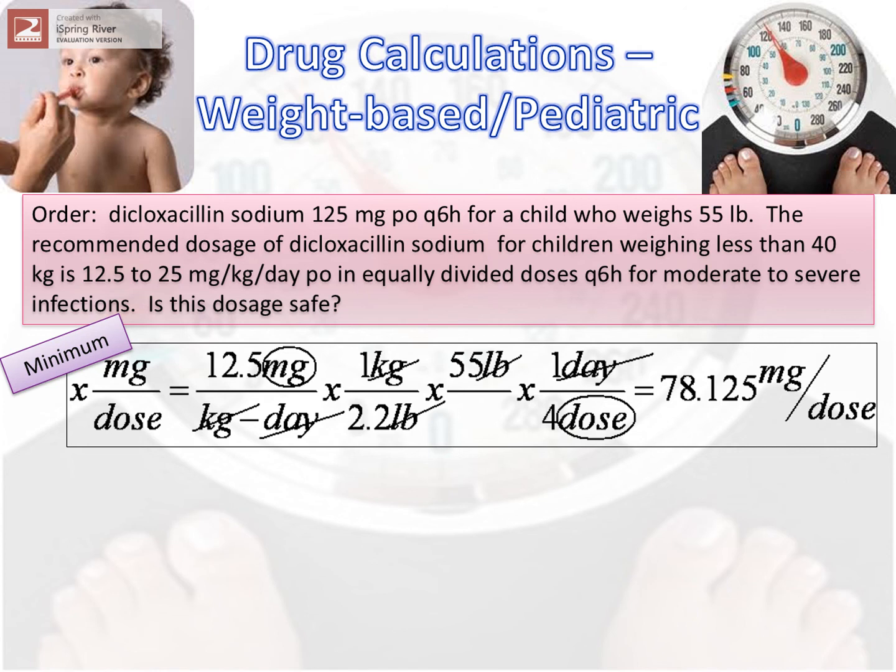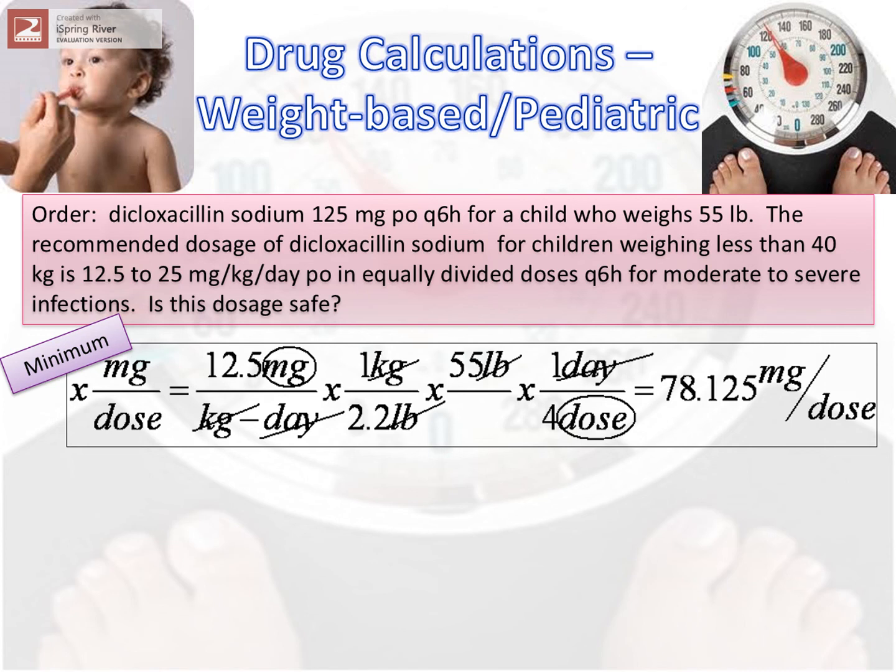We don't want pounds either, so we need to cancel out our pounds. Where in the problem do we see pounds? The child weighs 55 pounds. So we can put that on top. There's nothing that goes with that 55, so we don't need a bottom. We still need to cancel out day, however, because we've canceled out kilograms, we canceled out pounds, but we have not canceled out day. So in one day, there are 4 doses, Q6 hours gives you 4 doses in one day.